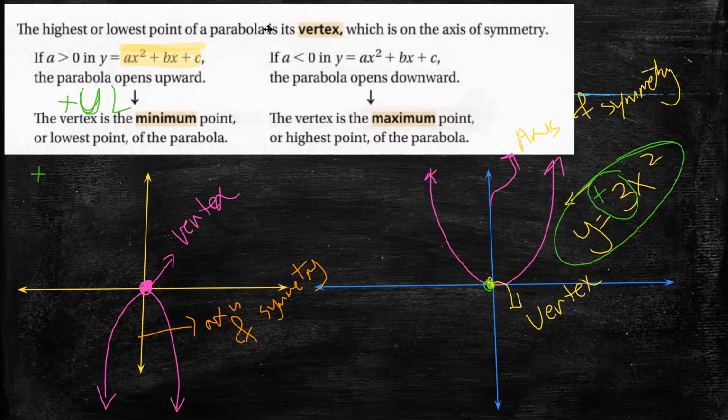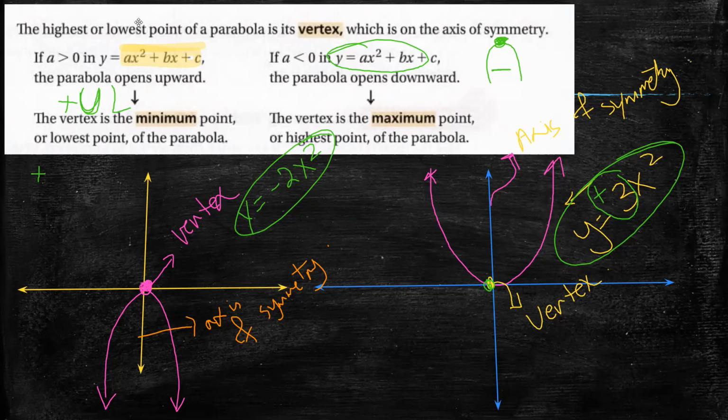Now, if a for the function y equals ax squared plus bx plus c, like y equals negative 2x squared, is negative, the parabola opens downward, and the vertex is the maximum point, or the highest point.